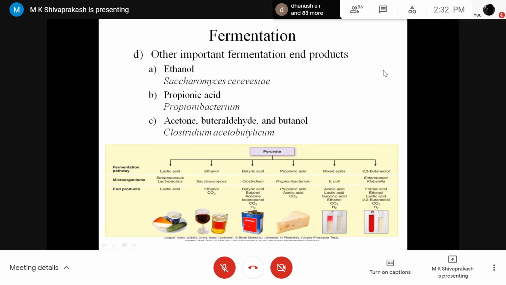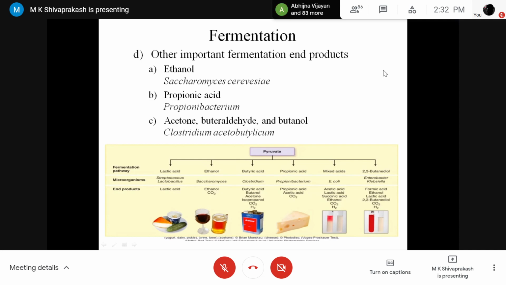Then for ethanol, you can have examples like wine making, beer fermentation, then the production of distilled alcoholic beverages, and so on. For butyric acid, the organism Clostridium acetobutylicum is used in the production of a set of compounds which have industrial importance: butyric acid, butanol, acetone, isopropanol and so on.